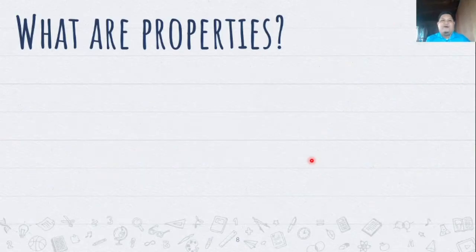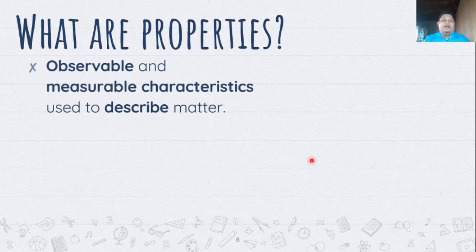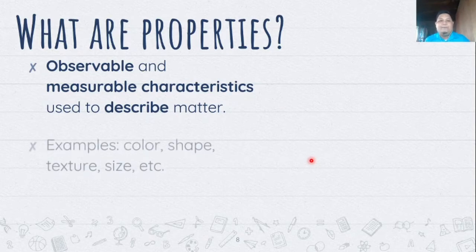Now, let us talk about the properties. So what are properties? In general terms, we are defining the word properties as observable and measurable characteristics used to describe matter. So these are any characteristics that we use to describe a particular form of matter.